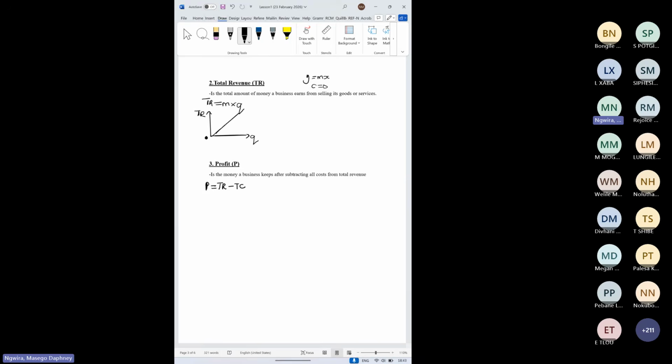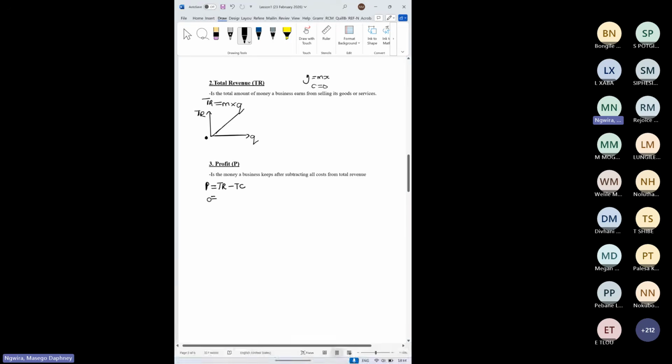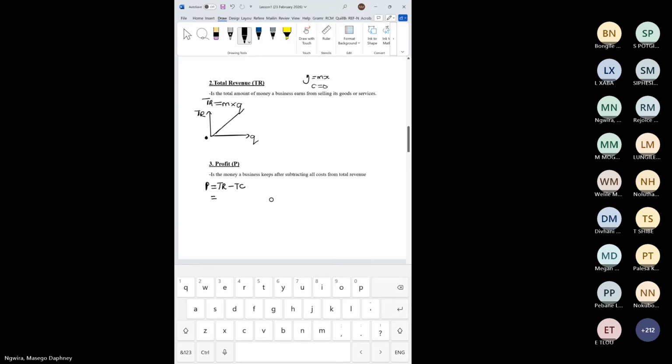And then we know that our total revenue is, I can say MQ, and if it's fine if I use, okay, it's PQ or MQ. Okay, let me just use PQ, sorry.